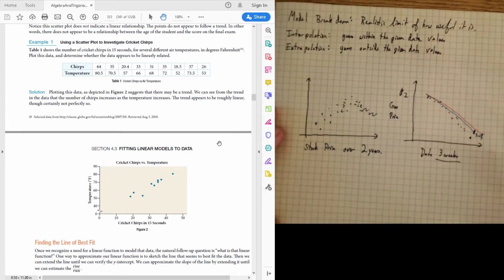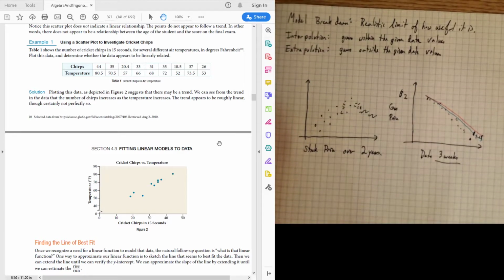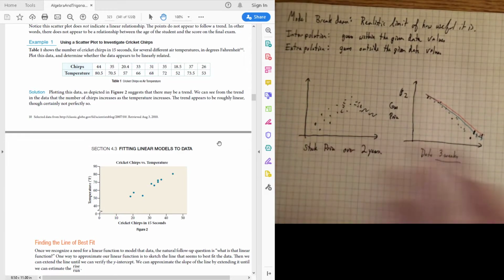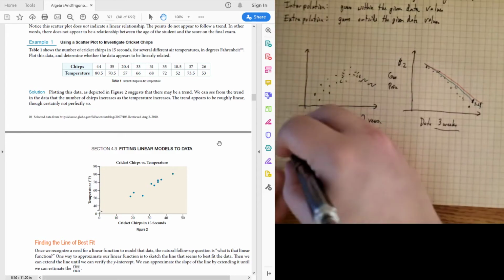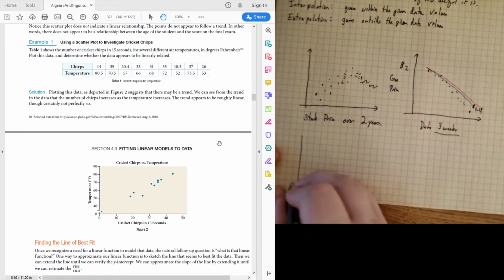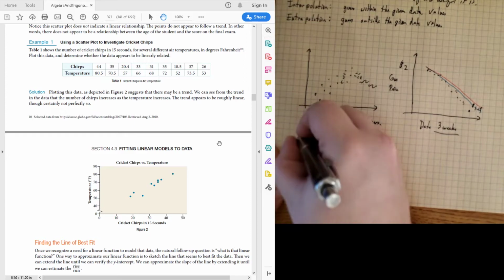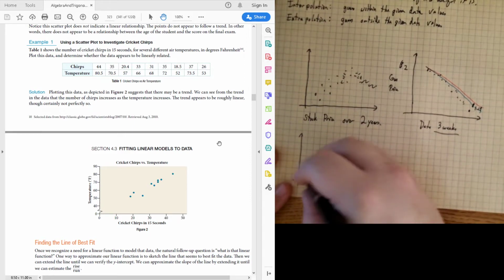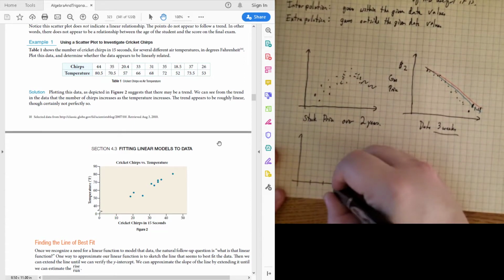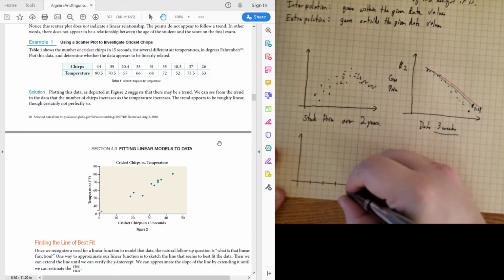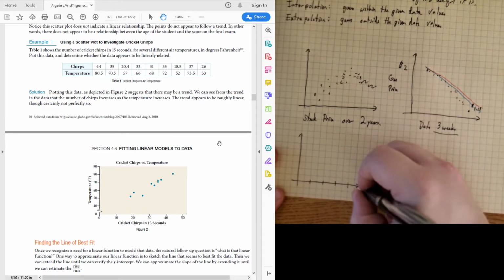This one, I'm going to use a picture in the text. It's actually this one right here. If I asked you about interpolation, let me make a very, very rough copy of this graph here. So it looks like we have 10, 20, 30, 40, and eventually 50 right up here.